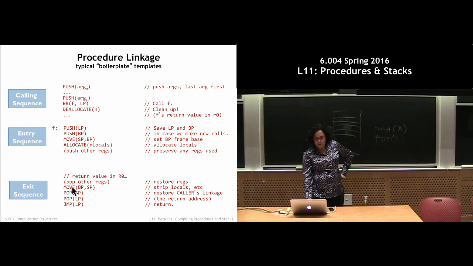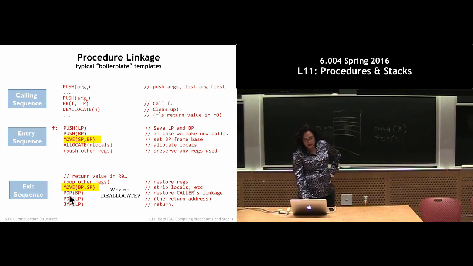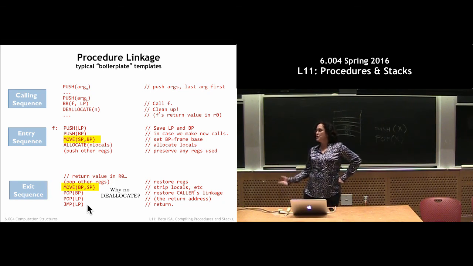So notice that we don't actually need a deallocate instruction over here to match this allocate instruction, because this move already takes care of that for us. And finally, we pop our base pointer, pop our LP, and then jump back to the LP. And if we follow these conventions, then we can run recursive procedure calls and everything will work just fine on our beta.